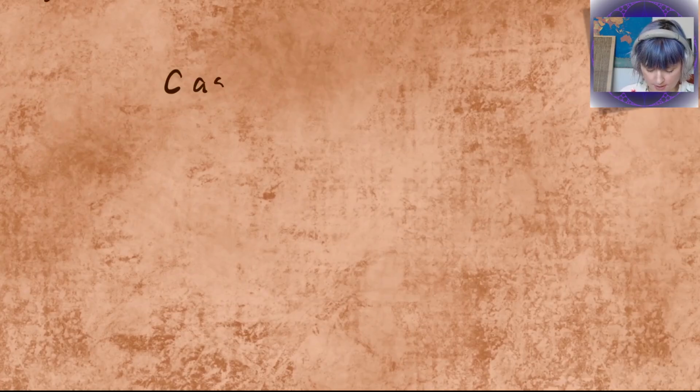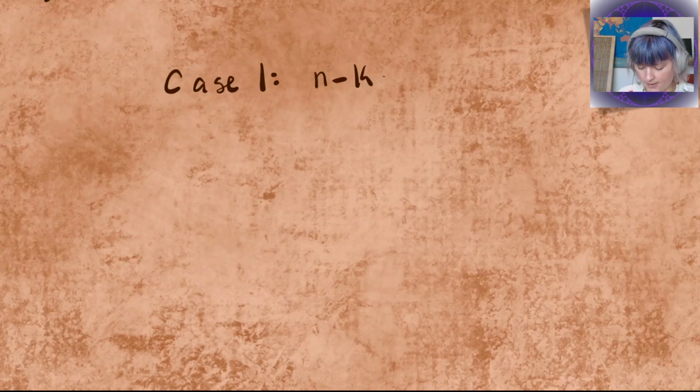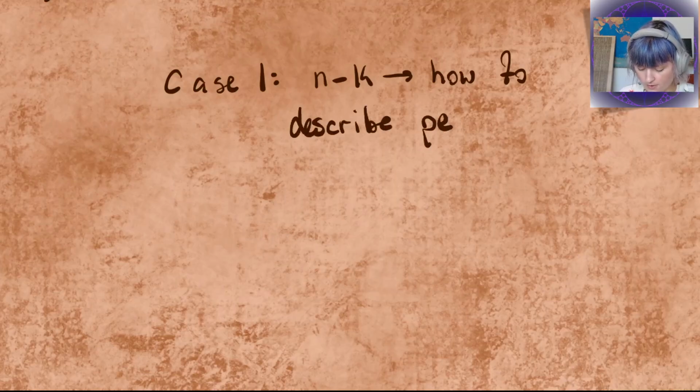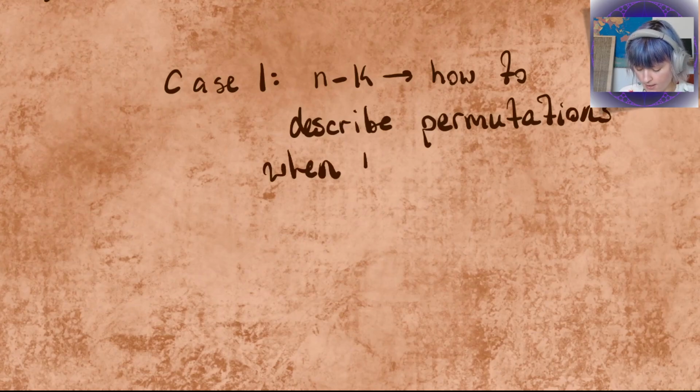The first case is we're going to be looking at a specific value of n minus k, and we're going to be asking how to describe permutations when k is not equal to n, when k is less than n.